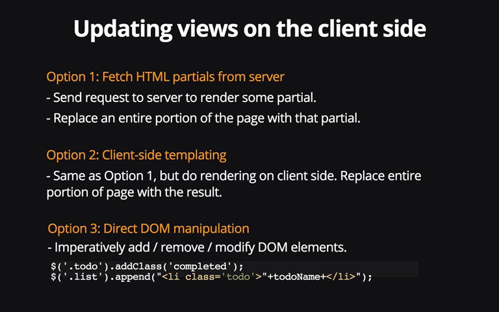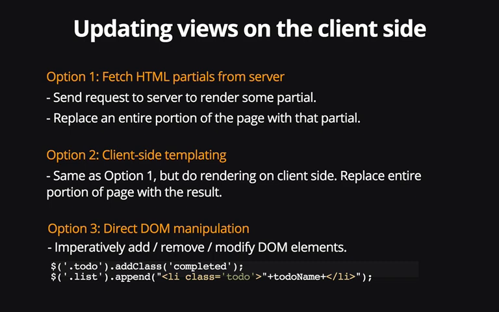That's just a simple example of it, where you'll have something similar to ERB. Essentially, you do what you're doing in option one, but you do it on the client side. But the key thing is you're still replacing some entire subtree of your DOM with essentially a string of HTML. There are some negative consequences that come with that, so we'll look at that. But again, that's valid in some use cases.